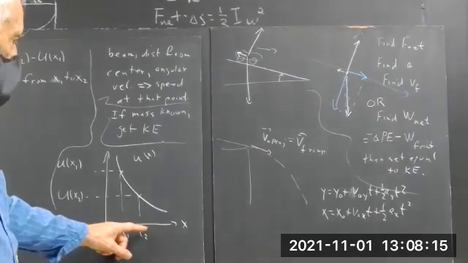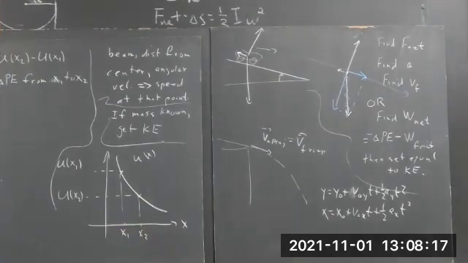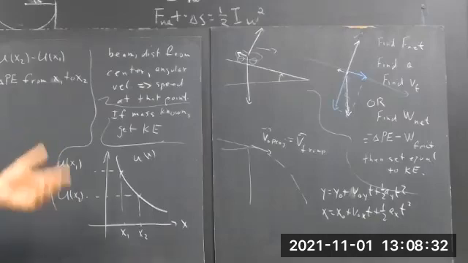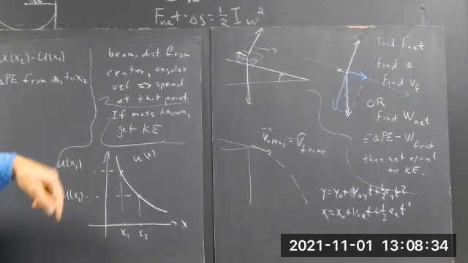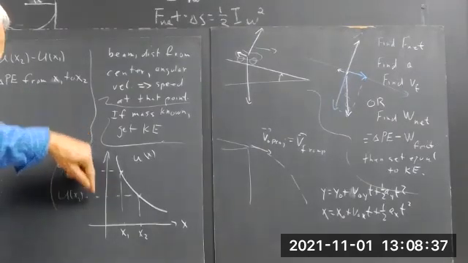So if we go from here to here, what happens to our potential energy? Well, is U of X2 minus U of X1 positive or negative? Well, U of X2 minus U of X1 is the change in U as you go from here to here.